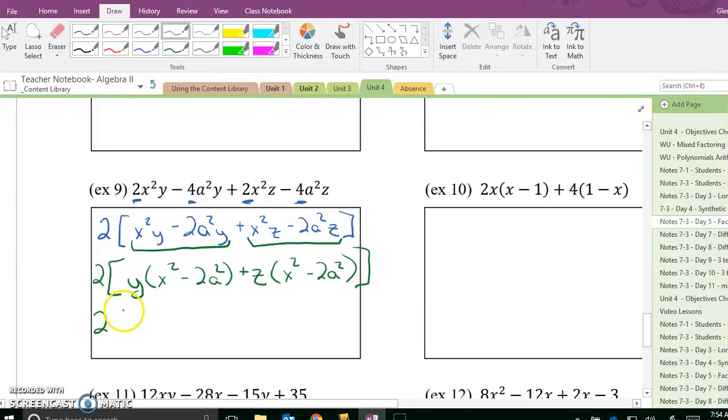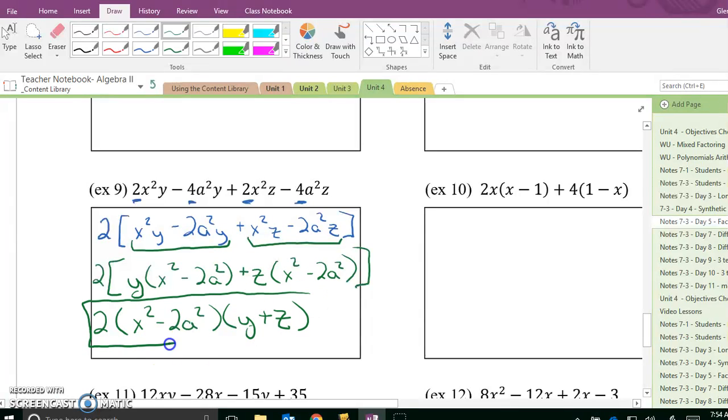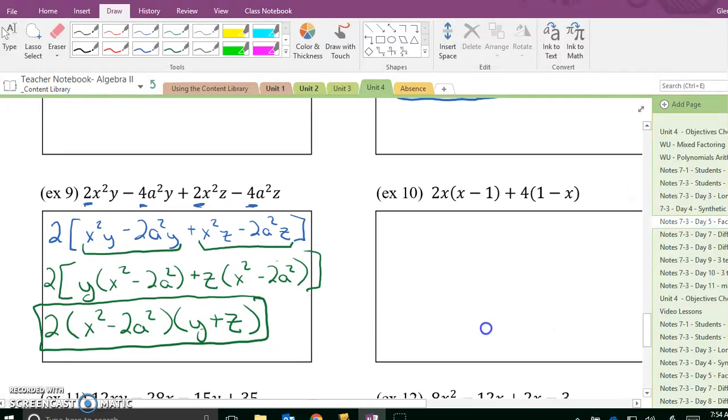So now I'm going to pull that out. I'll have 2 times x squared minus 2a squared, and times y plus z. That'll be my final answer. So again, if you can, like we said at the very beginning, pull out the greatest common factor.